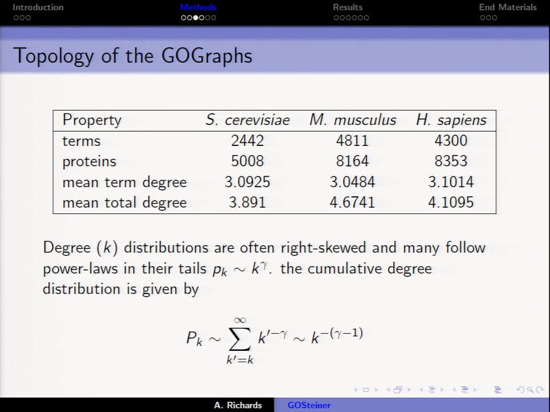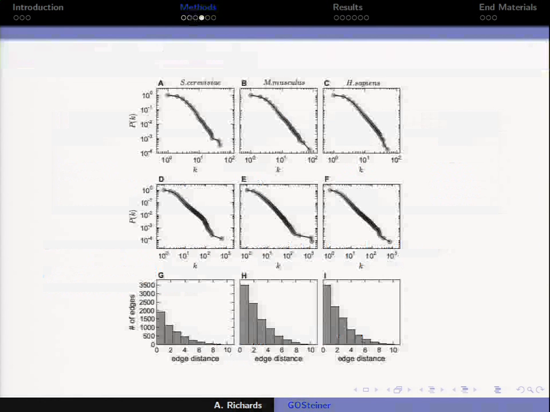So we're going to use a distribution to look at these and make sure they're similar. What we see here in the cumulative degree distribution, with the probability against degree, is that for the first layer, which are just term-only graphs for the 3 species, you see the degree distributions are similar, as represented.